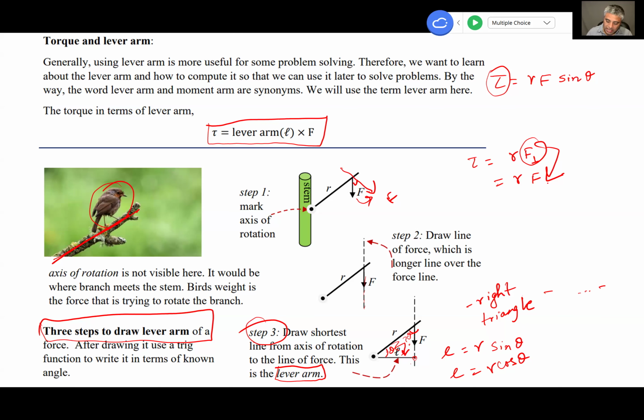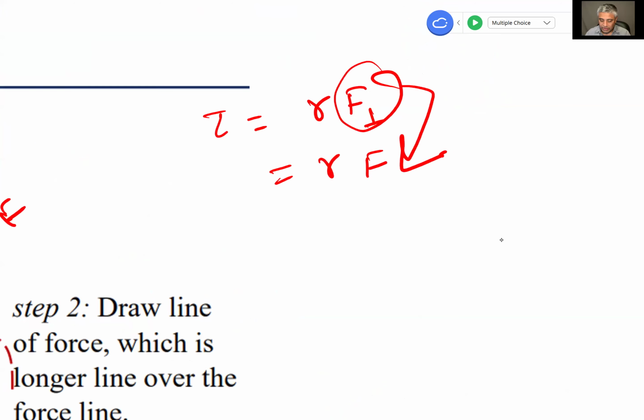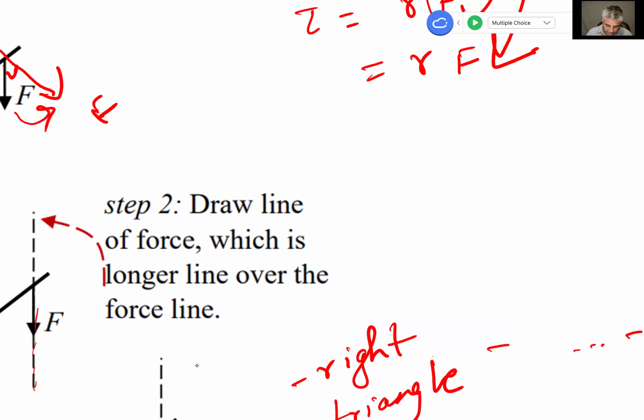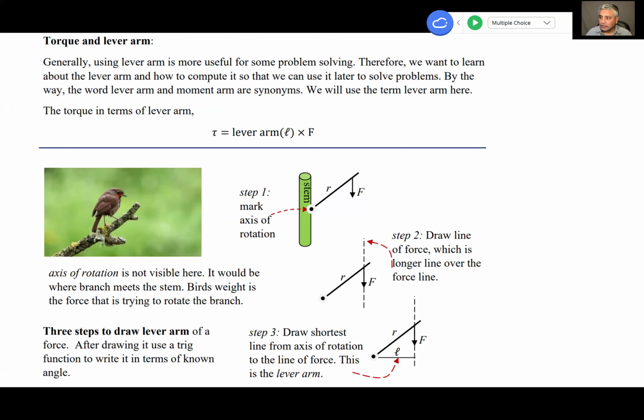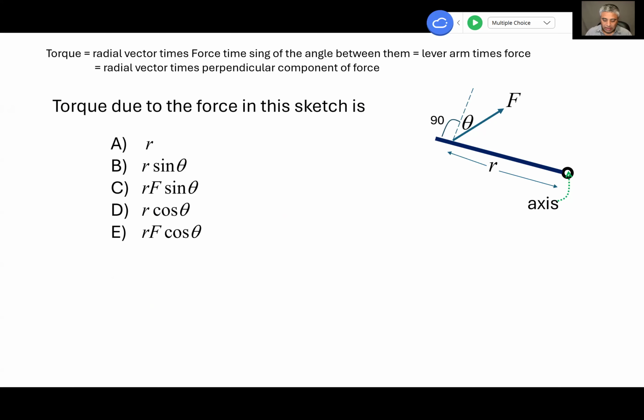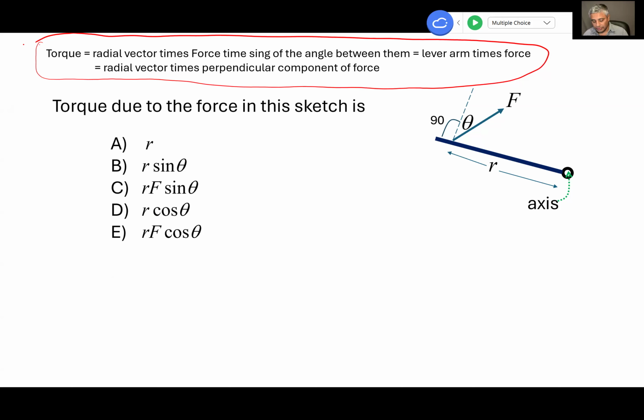So here I have a question for you. Oops, how do I fix that? I need to exit from here. All those three methods I have written in words, just in case that's helpful for you.